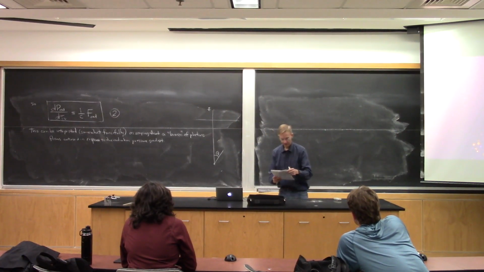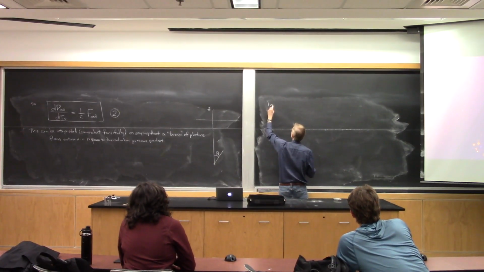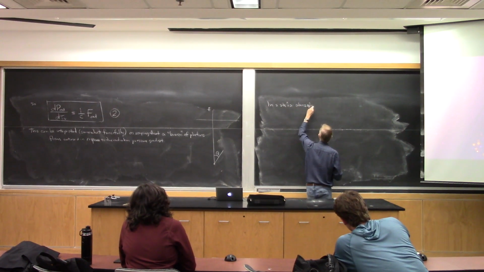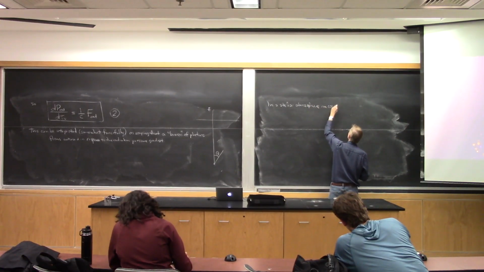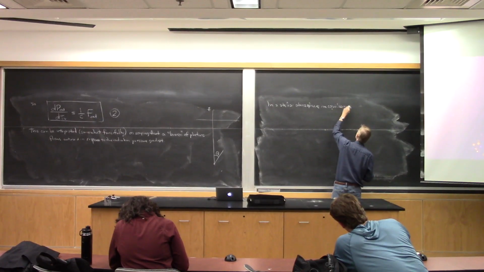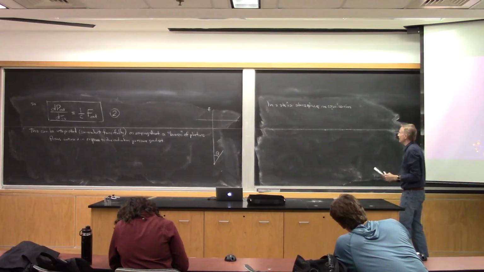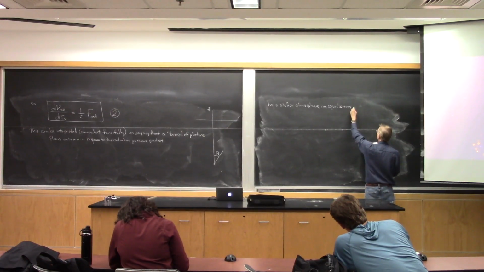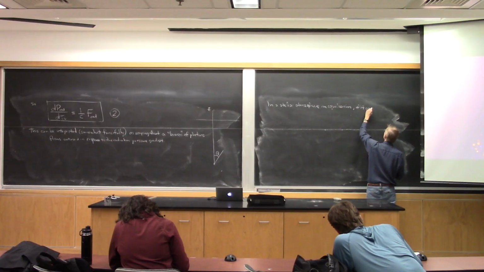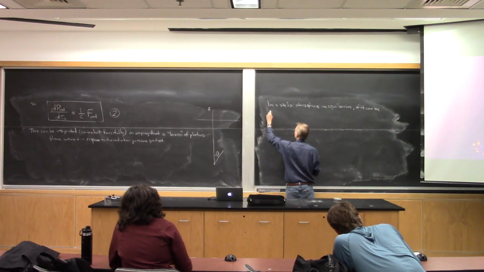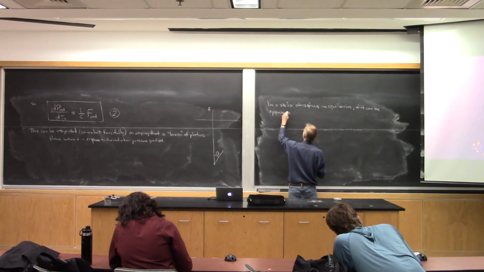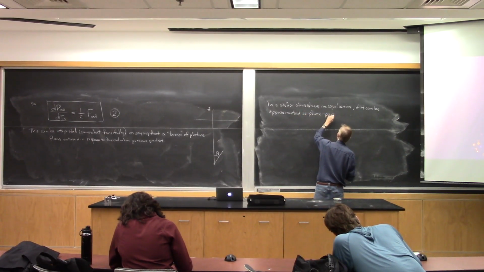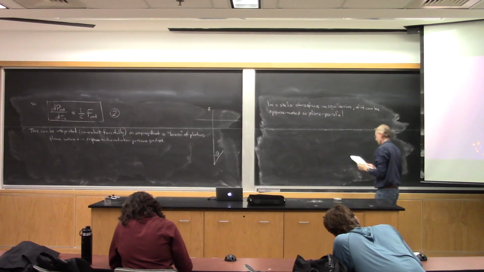And so in a stellar atmosphere in equilibrium, meaning things are not changing with time, they can be changing with position, but not changing with time, if it can be approximated as plane parallel, we can just think of it as horizontal layers.